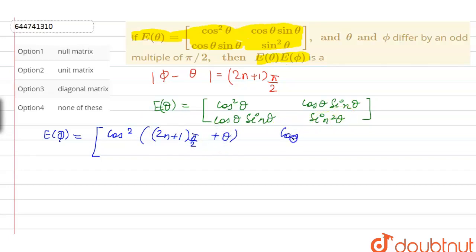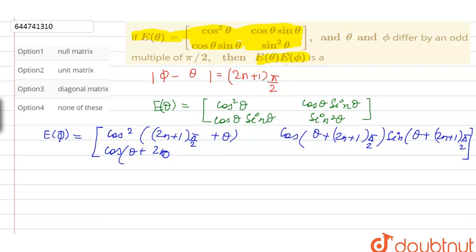Similarly, the second entry is cos theta sin theta. Instead of theta, we write theta plus (2n plus 1) into pi by 2, so it becomes cos of (theta plus (2n plus 1) into pi by 2) times sine of (theta plus (2n plus 1) into pi by 2).